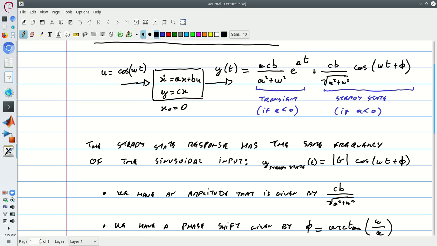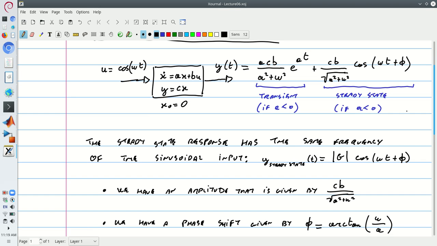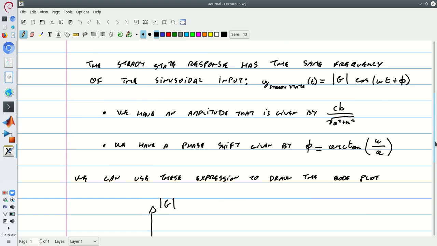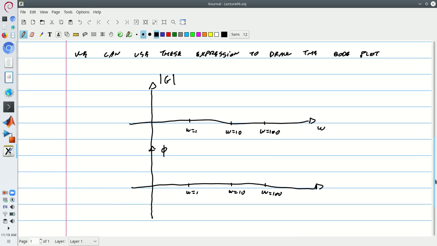So far, let's assume that C and B have the same sign, so that the term CB is positive, so that this quantity here is the gain. The gain G has always to be positive. So if C times B is negative, it's the only thing that can make this term negative, then we can make it positive by readjusting the phase here. So don't worry about that. So far, let's assume that C and B are positive.